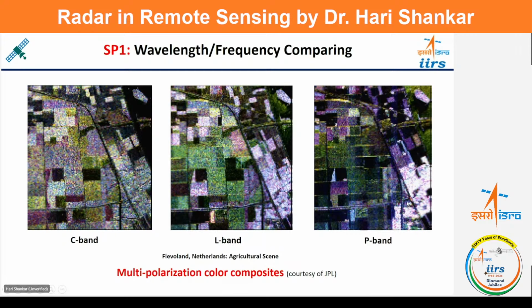This depends on the area where you are going to use this type of information. Here this area is dark, here it is very clear, but here it is again dark. So in the C band, this patch is appearing dark, but here it is clear, here it is also clear. So this depends upon the wavelength.